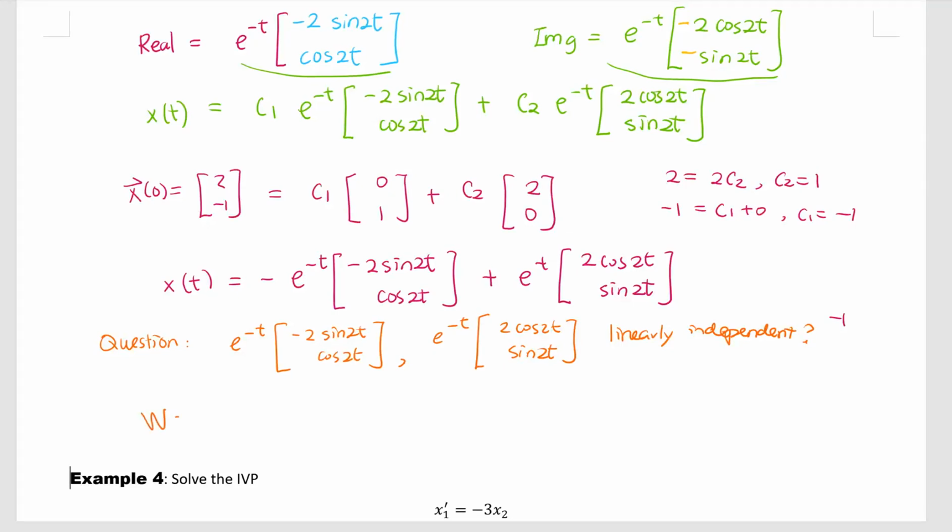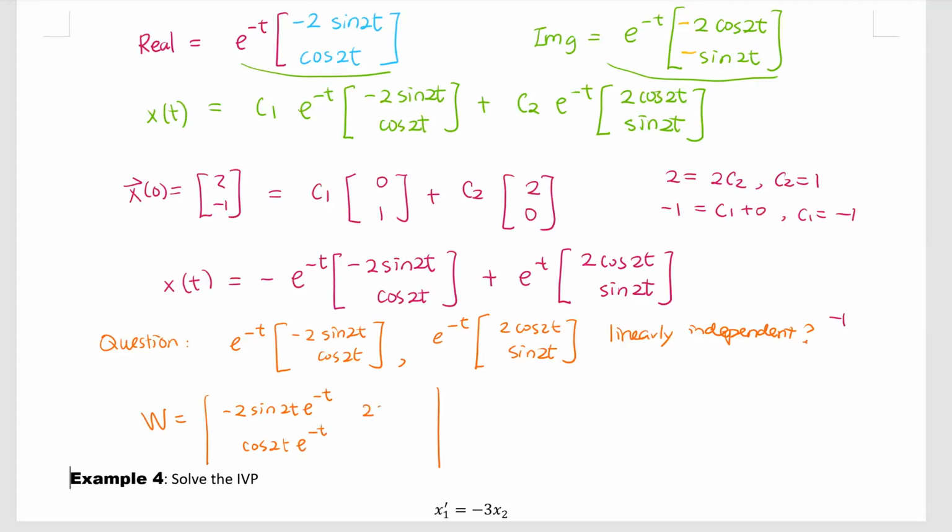Wronskian, what's the Wronskian? Well, you write it down, right? So e to the -t, -2, okay. So negative. So let's put the e to the -t there. Otherwise, it looks like e to the -t minus that. It's actually multiply. And here we have cosine 2t, e to the minus t.